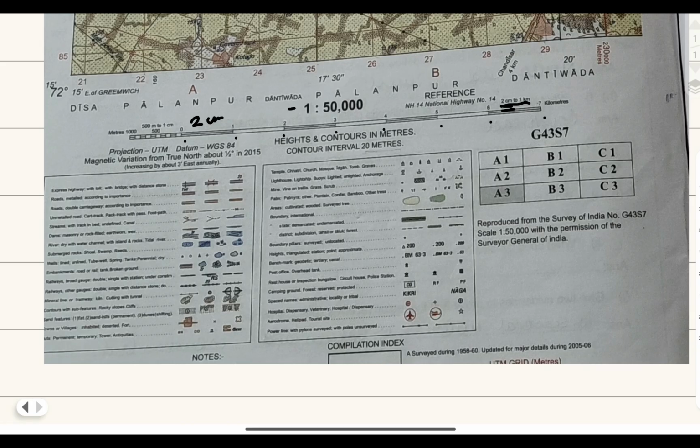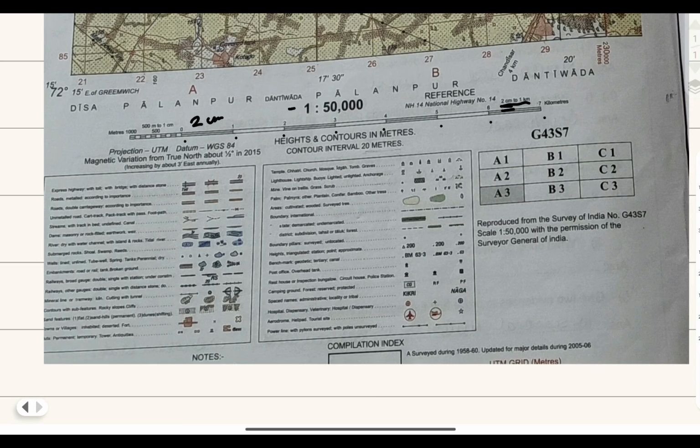One is verbal, that is the scale written in words, which is 2 centimeter to 1 kilometer. The other one is linear, the scale which is drawn, where again our geometry scale 2 centimeter represents 1 kilometer on the ground. And third is representative fraction, which is 1:50,000.